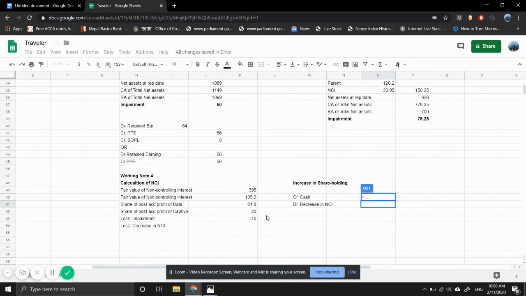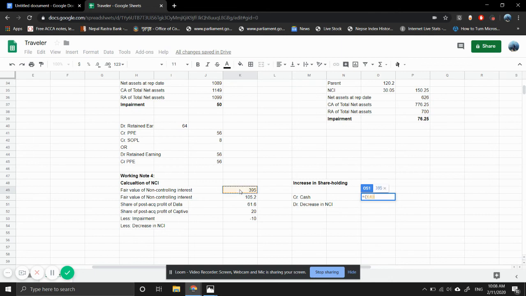How much was the net assets at acquisition? Basically, how much were our net assets for data only.